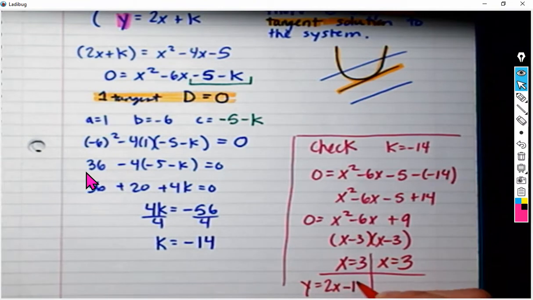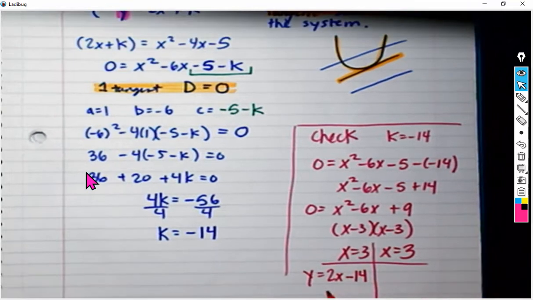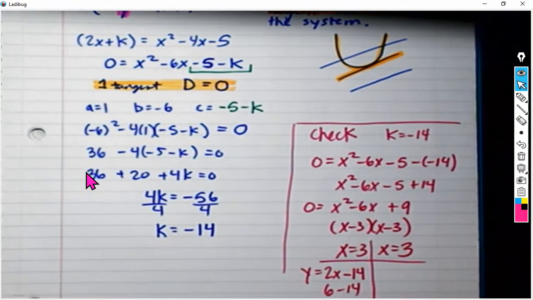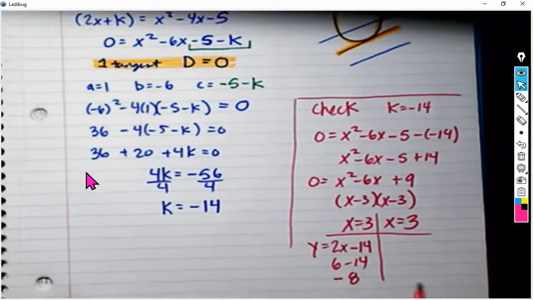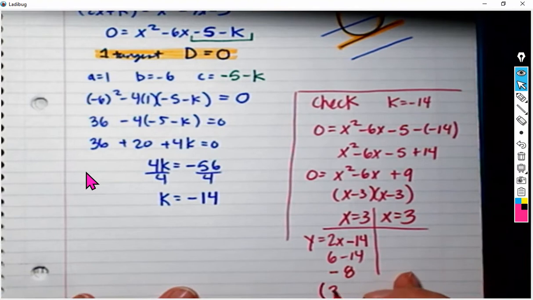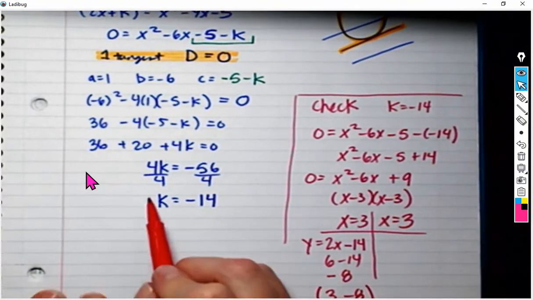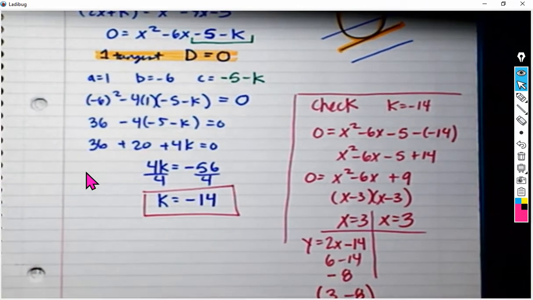I guess I could find y. 2x minus 14, right? So 6 minus 14. So it happens to be at that particular point. That wasn't the question. The question was find k.